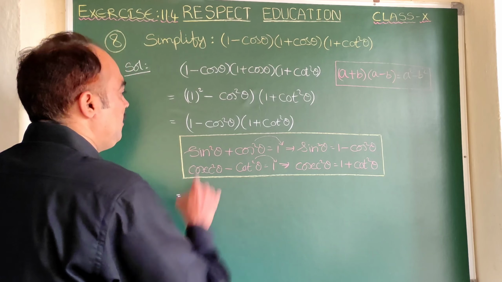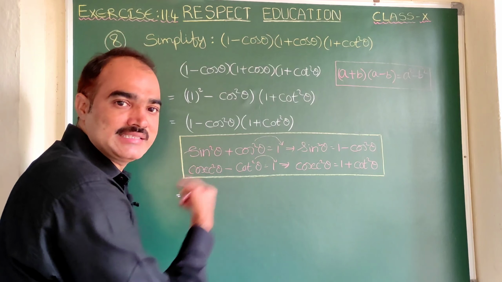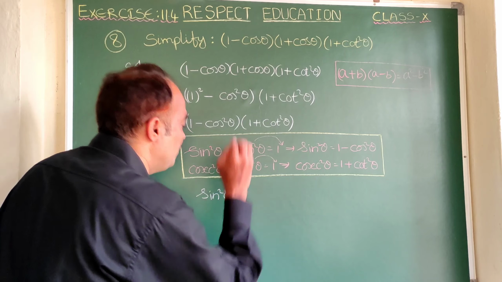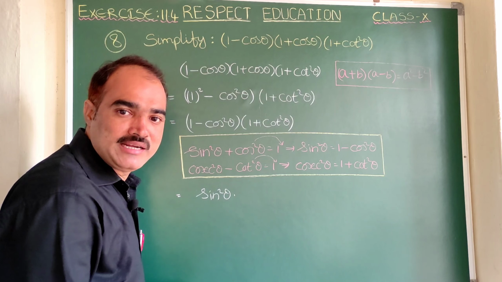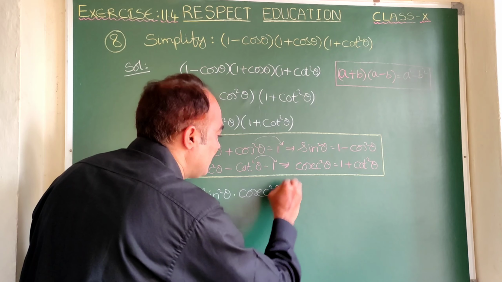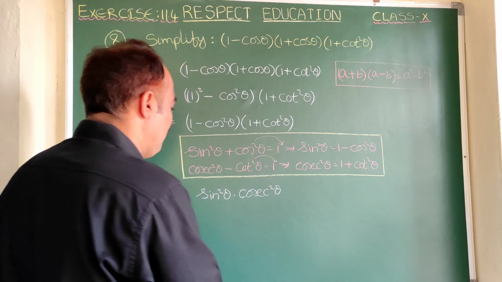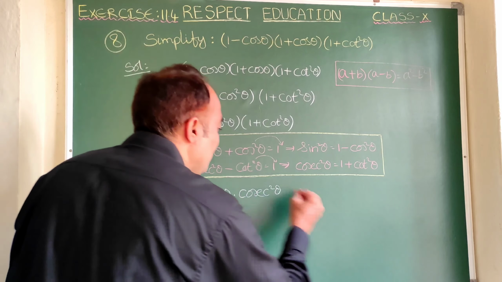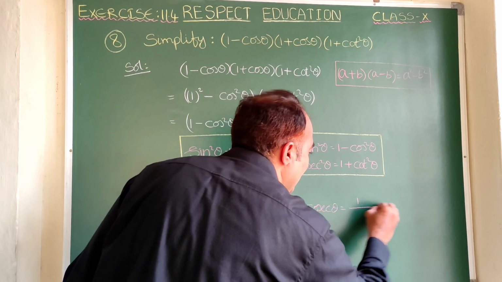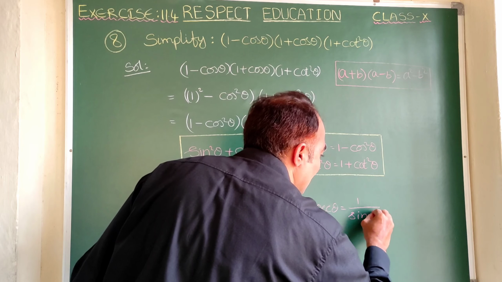Now tell me, 1 minus cos square theta can be written as sin square theta. Sin square theta into 1 plus cot square theta can be written as cosecant square theta. Clear? Now with one more formula we can close this problem. As we know, cosecant theta is 1 by sin theta.